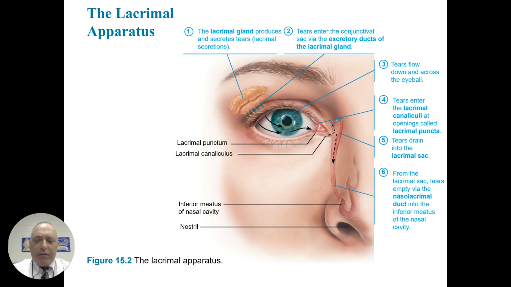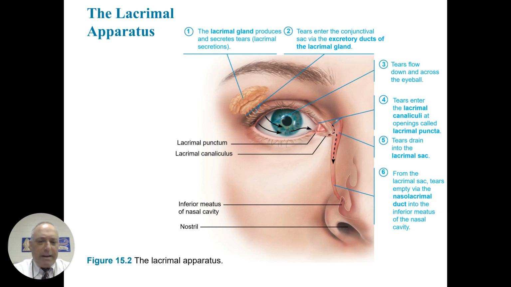So there's the lacrimal duct, or lacrimal gland, I should say, that is above each eye. And this is what's responsible for producing tears, or the wetness of the eye. And these tears then flow through excretory ducts of the lacrimal gland across the eyeball into the lacrimal canaliculi.